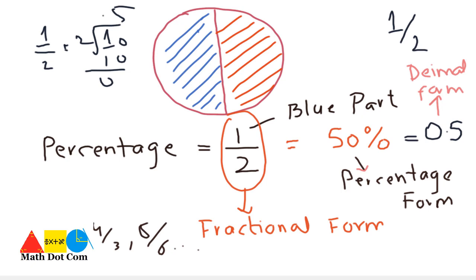Let's make your concept clear by discussing them through an example. We have seen three concepts here: one is the percentage, then fraction, and then the decimal.